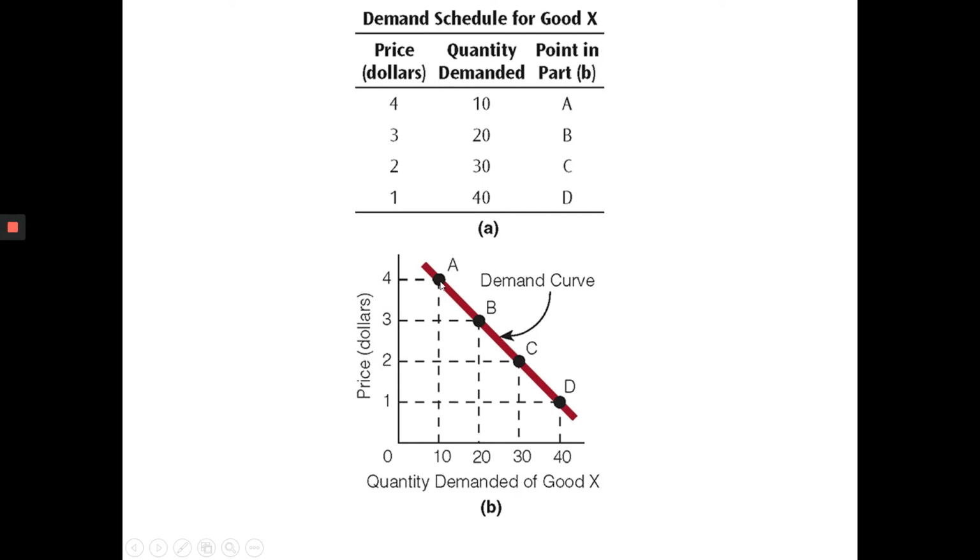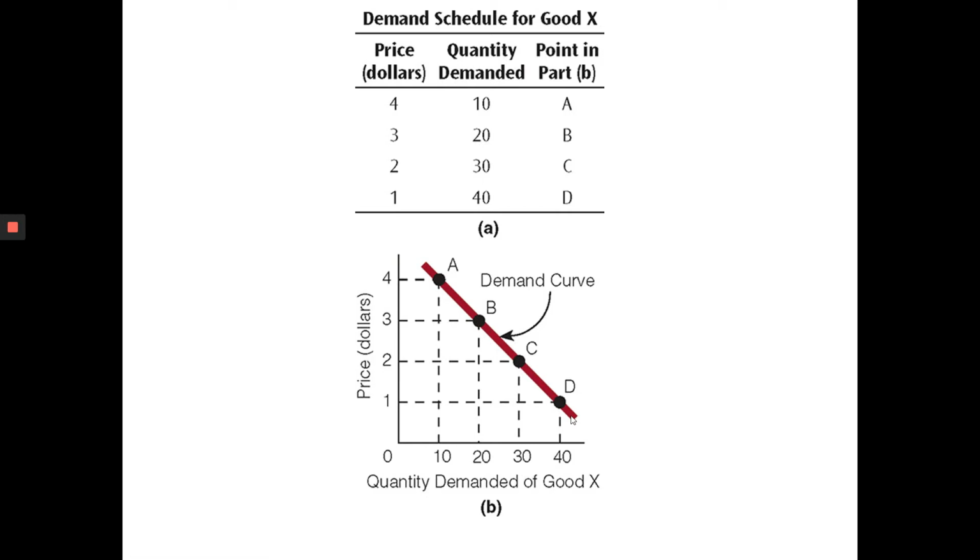That is point A, a consumer choice. And $3, willing to buy 20 pairs, that's choice B. And $2, willing to buy 30 pairs, choice C. $1, willing to buy 40 pairs, choice D. Then we can connect those four consumer choices and draw the red schedule.